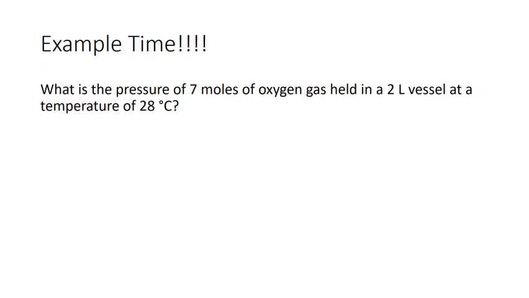Okay, so an example of using the ideal gas equation, PV equals nRT. What is the pressure of 7 moles of oxygen gas held in a 2-liter vessel at a temperature of 28 Celsius? So the first thing we're going to do is convert 28 Celsius to Kelvin, and we do that by adding 273 to 28.